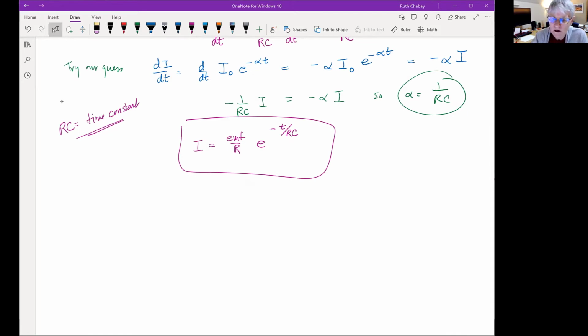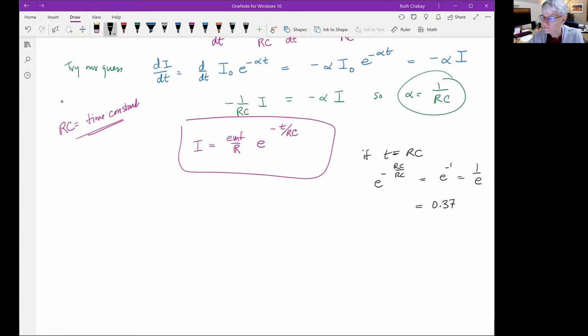And what does this time constant mean physically? Well, if t equals this time constant RC, then we have e to the minus RC over RC, which is e to the minus 1, which is 1 over e, which is 0.37.